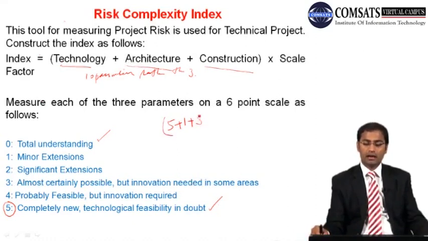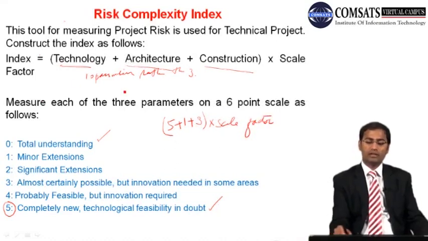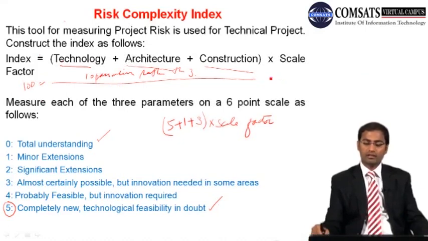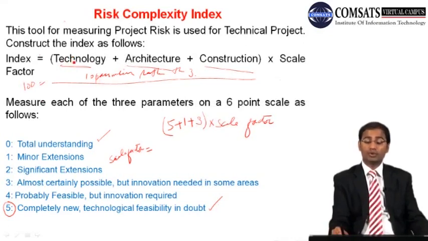So you add this up and multiply by the scale factor. As we are using 3 parameters and we are having an index factor up to 100, what will be the scale factor? What could be the maximum score for that? That is 5 and 5 and 5, maximum 5 plus 5 plus 5, so you are having 15.